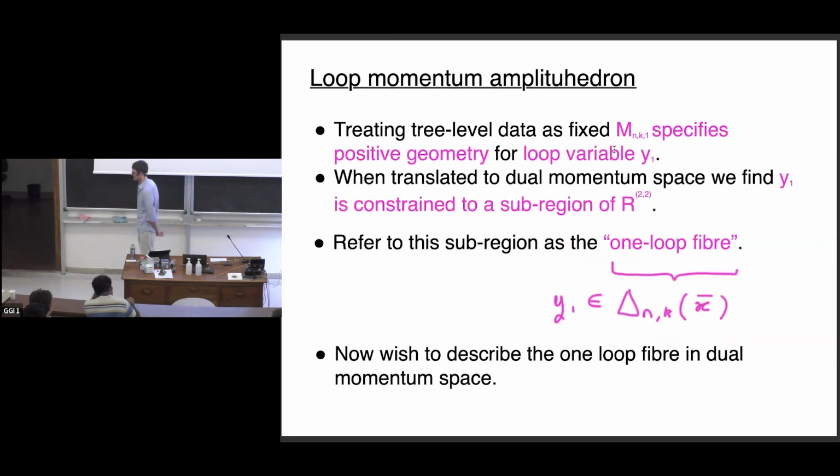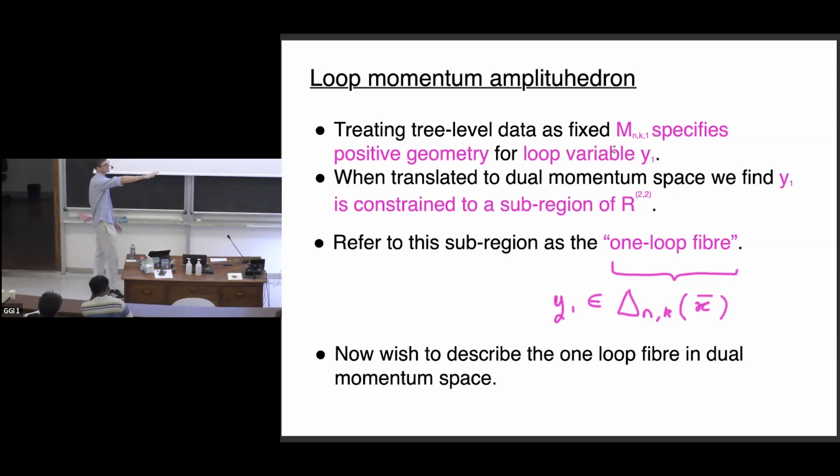Now if we treat the tree level as fixed, so fix your null polygon, the loop momentum amplituhedron will define for you a positive geometry for the loop variable y1. And if you translate this into dual momentum space, this will define for you a region in R2,2 in which the y1 variable is constrained to live.